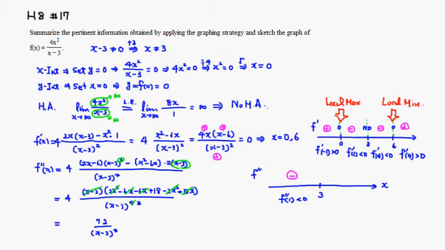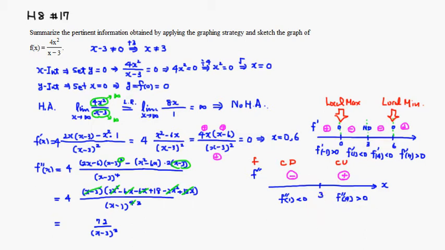And you can try anything bigger than 3, so I'll try 4. 4 minus 3 is positive. Everything's positive, so you have a positive sign there. So you know that f is concave down here, and concave up from 3 to infinity.